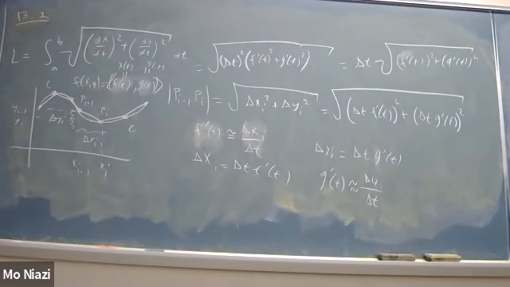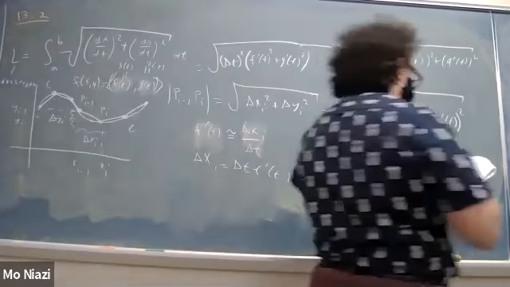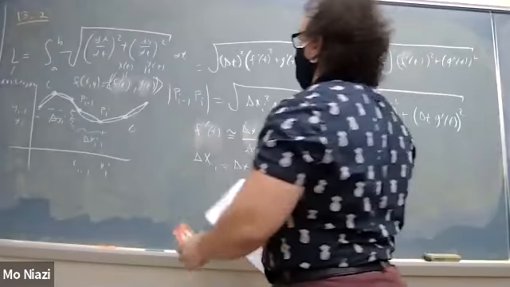So f prime of t, which is df/dt, is the same thing as dx/dt. And g prime of t is the same thing as dy/dt. And when you square them, you get this. So this is the arc length. Review that from section 6.